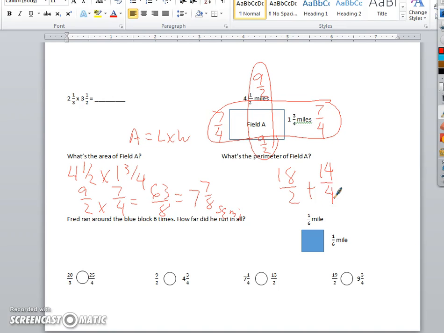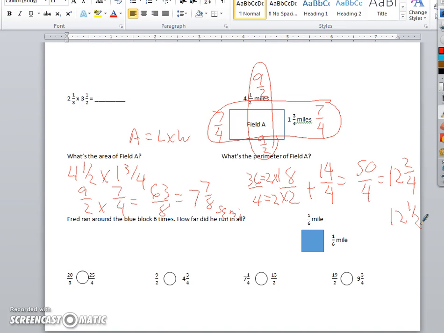Now to add them, I need to get my denominator the same. I can change the 2 to a 4 easily by taking it times 2. So 2 times 2 is 4, which means 18 times 2 is 36. 36/4 plus 14/4 equals 50/4. If you divide it out, you're going to end up with 12 2/4, which is the same as 12 1/2.